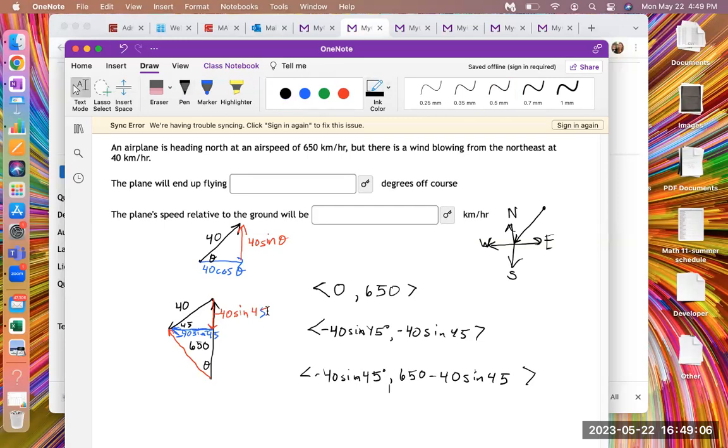I usually put in the negative 40 sine of 45 first, making sure I'm in degree mode, and then I can just add the 650. So I get 621.